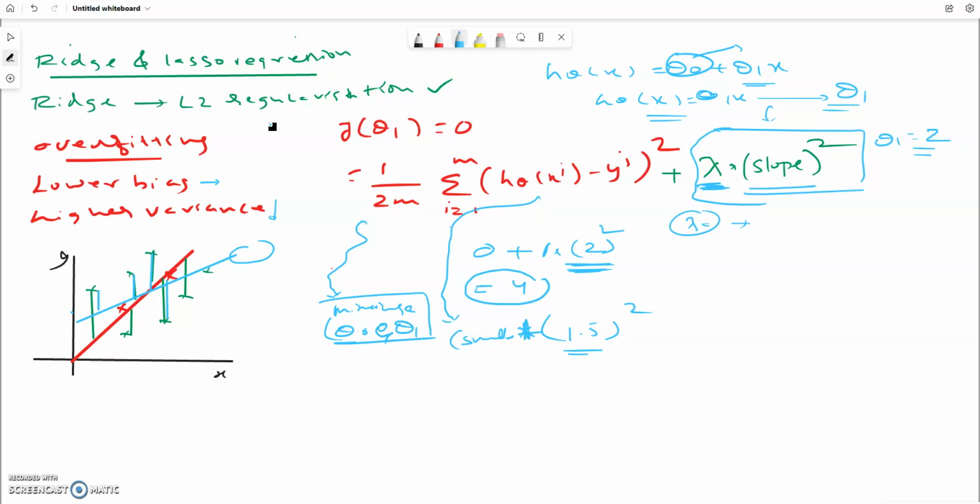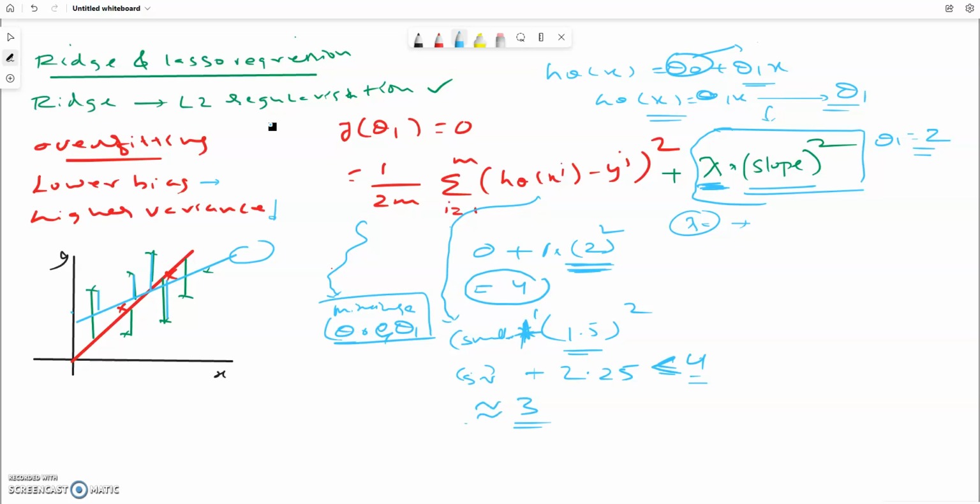Some smaller value plus 1 into 1.5 whole square, which will give some small value plus 2.25, which will be less than 4. Let us say we have got a value arrived as 3, right?